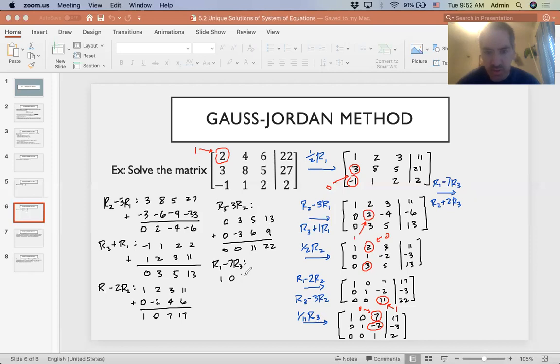That's 1, 0, 7, 17. -7 times row 3, that would be 0... Nope, still 0. I'm looking at row 3: 0, 0, 1, 2. So 0, 0, -7, -14. There we go. So that's 1, 0, 0, 3.